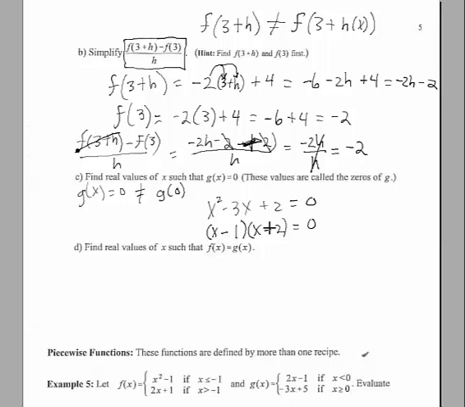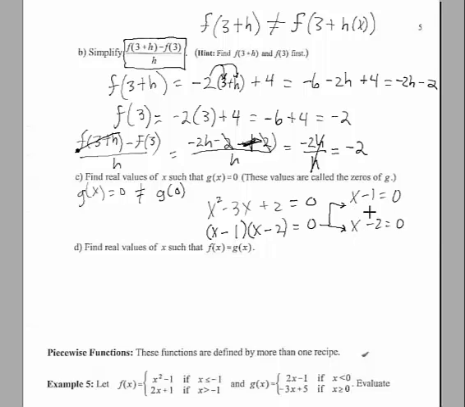Now that we have this polynomial separated into factors, we can break this equation up into two easier equations. We have x minus 1 equals 0 and x minus 2 equals 0. This is something that you should have picked up in intermediate algebra.